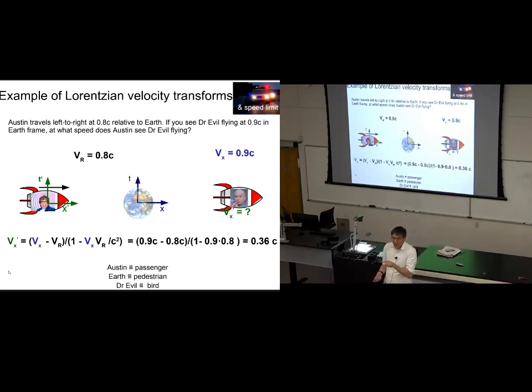So actually, if you believe it, Austin sees Dr. Evil traveling away from him not at 1/10 of the speed of light, but actually much faster, 36%, 0.36 of the speed of light. So that's a remarkable thing that's baked into relativity.